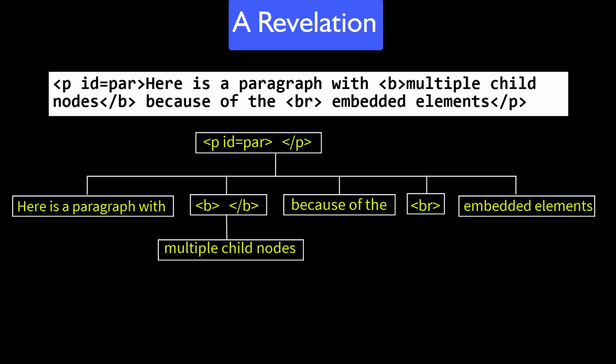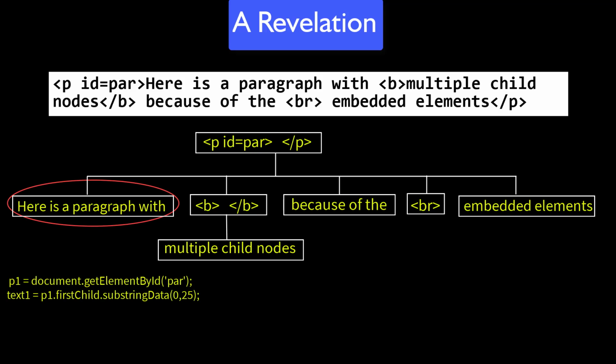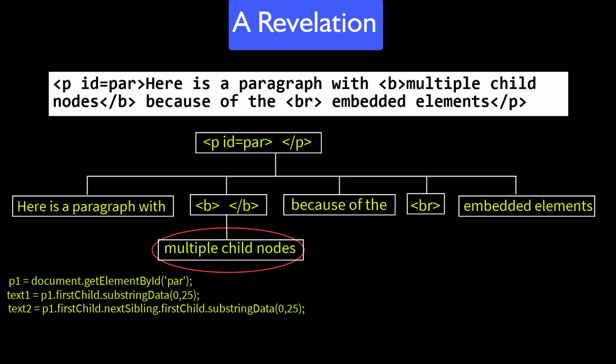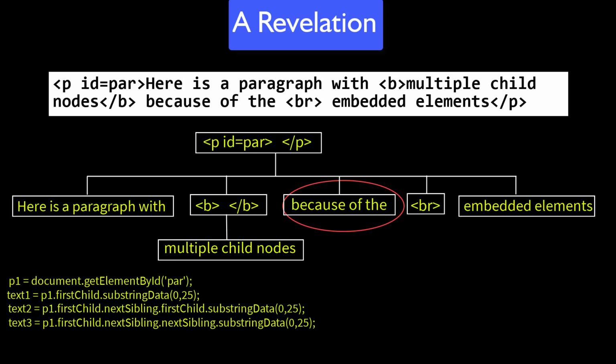Using techniques we've discussed earlier, to get the text of this paragraph, you would have to do something like this. p1 = document.getElementById("par"). Then text1 = p1.firstChild.substringData(0,25). text2 = p1.firstChild.nextSibling.firstChild.substringData(0,25). text3 = p1.firstChild.nextSibling.nextSibling.substringData(0,25).